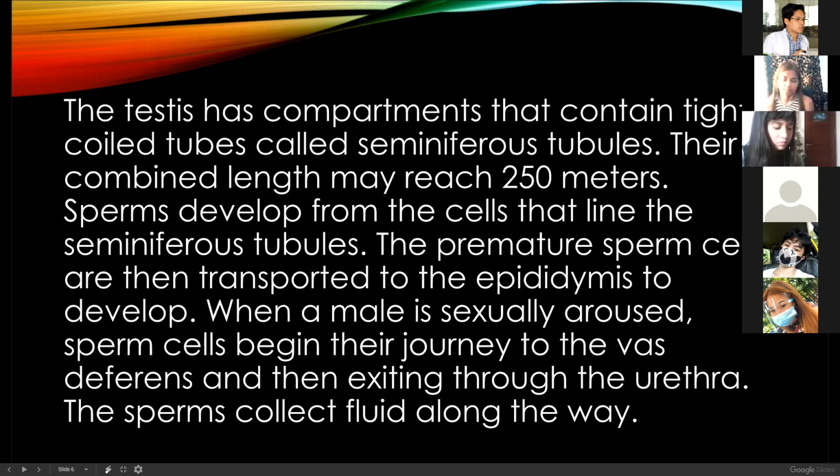When you remove or tie up the vas deferens, it will make the male infertile because this is the only tube, the only way the sperm exits and passes to the urethra. Without the vas deferens, sperm cannot exit.